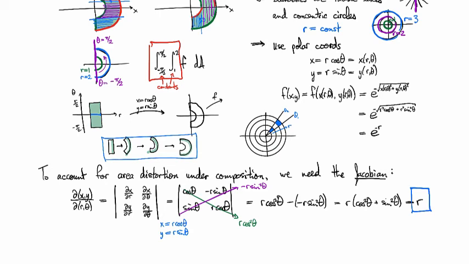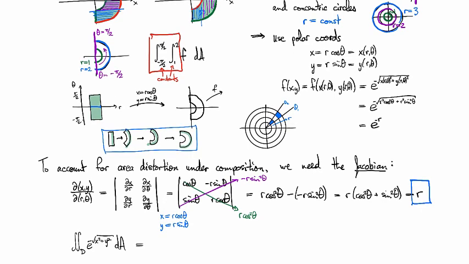So when we set up this integral, what have we found? Well, in the r theta plane, theta goes from minus pi over 2 to pi over 2, and r goes from 1 to 2.